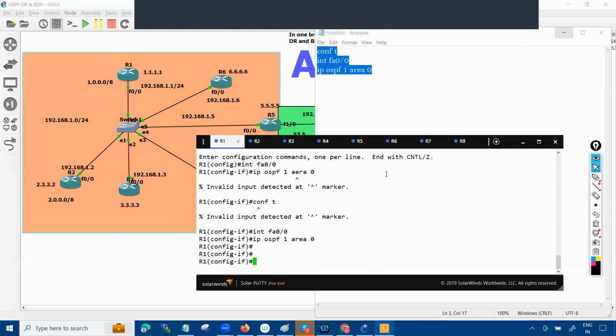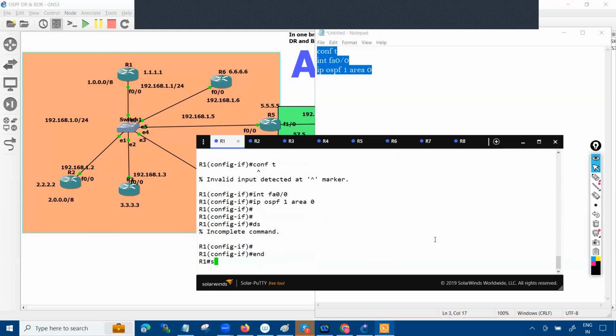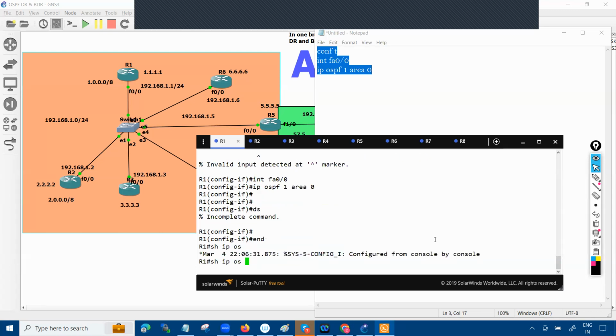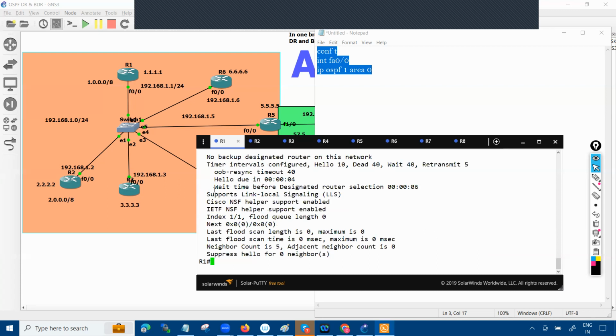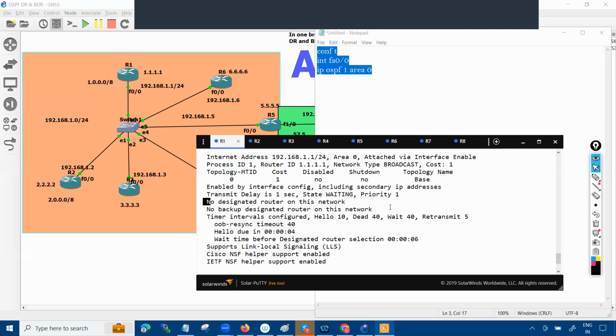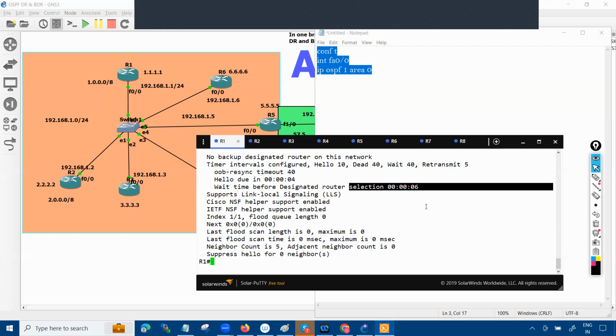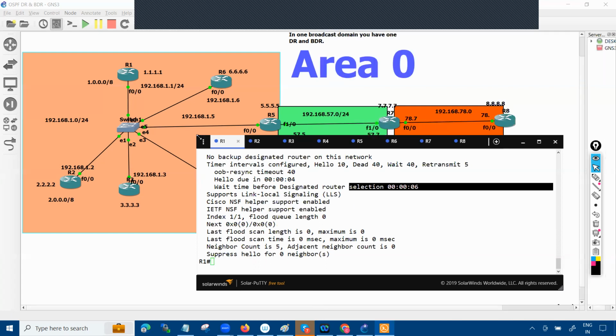Wait for 40 seconds. Show ip ospf interface. You can see there's no DR and BDR, it's the wait time before the DR/BDR election. So we have to wait six more seconds. We don't have any DR and BDR now because the wait is going on. Once the election is done, they will find who will be the DR and BDR.